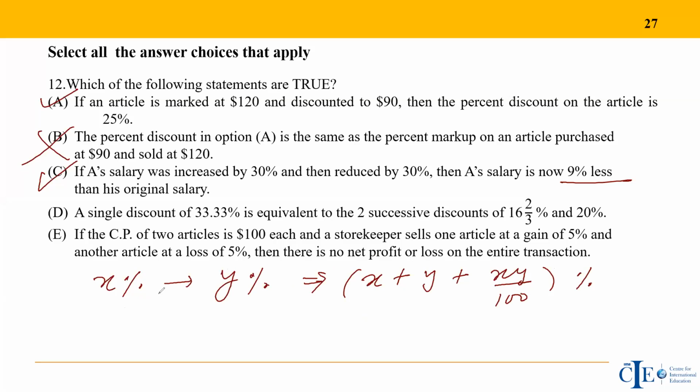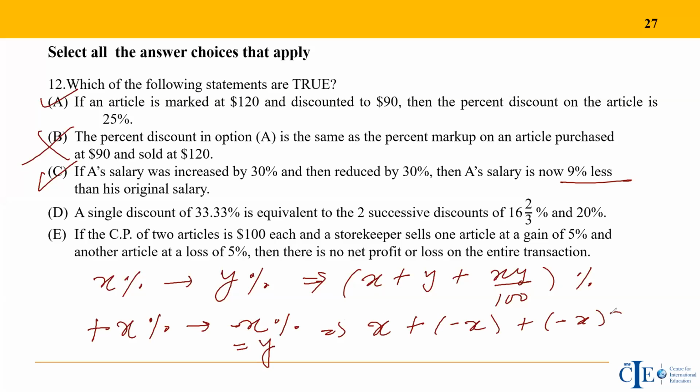Now, when you're doing a successive change of first increase and then decrease by the same percent, the first one you increase by x percent, and let's say the second one you decrease by x percent, or vice versa. Now, this is your y value. So this is a case where your y is minus x. So the overall percentage that you get would be x plus minus x, then plus minus x into x, the whole over 100, right?